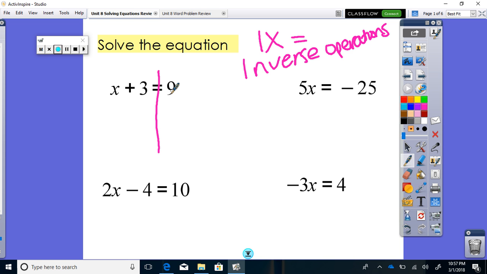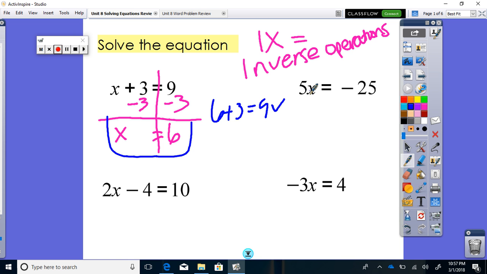But algebraically I would like to use inverse operations. So since I have a plus 3, I have to subtract 3 from both sides, because 3 minus 3 is 0. So all that's left on the left side here is the x. And over here, 9 minus 3 is 6. So x equals 6 is our answer. And then remember, we can check it. 6 plus 3 does equal 9.